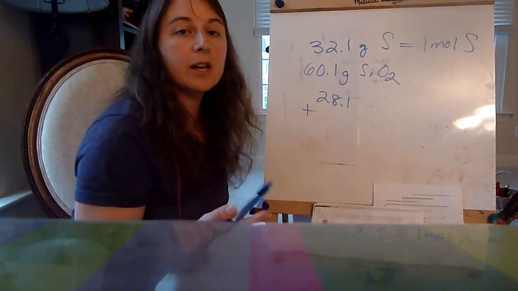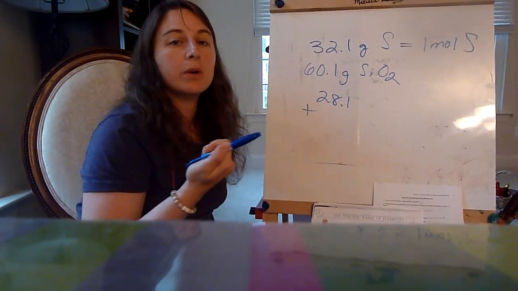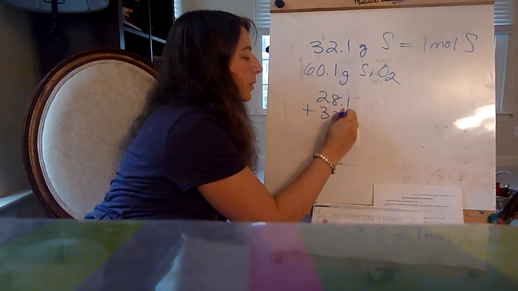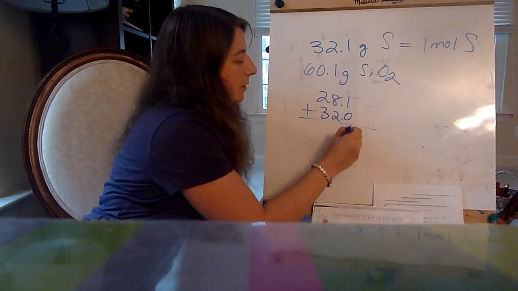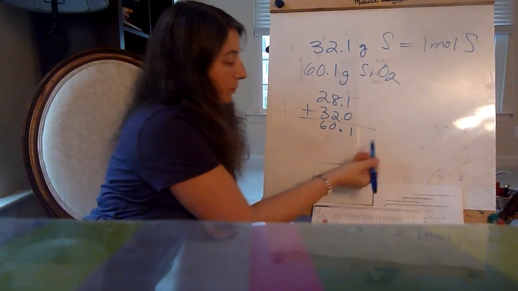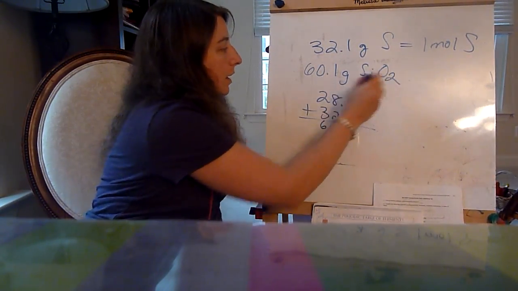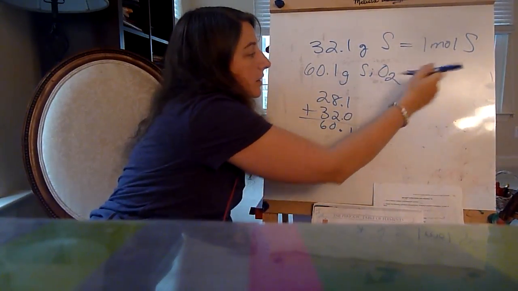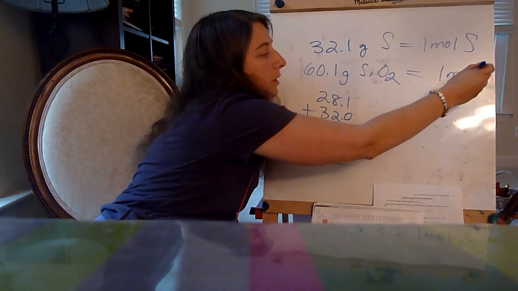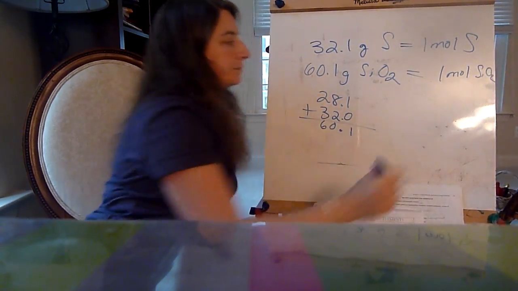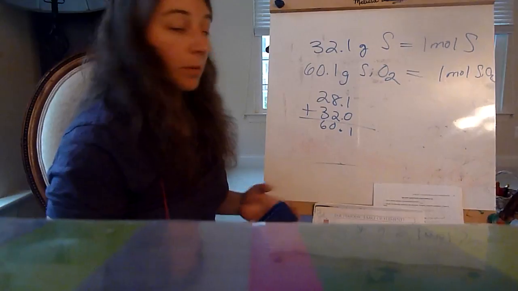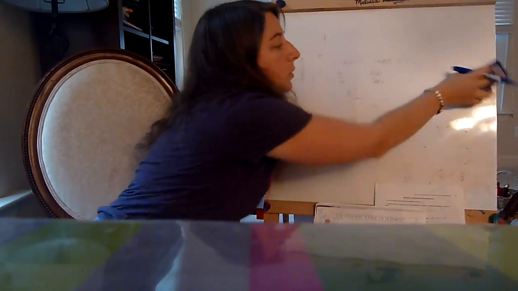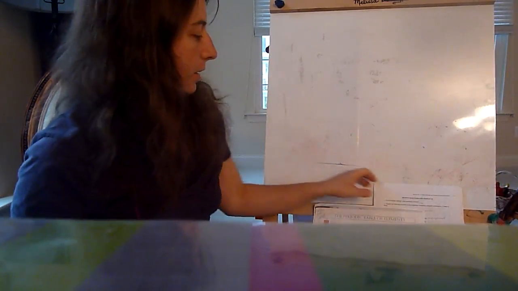Now, one oxygen atom has an atomic mass of 16.0 AMU. So 2 of those, of course, will be 32.0 AMU. We add up, we get 60.1. So that means that 60.1 grams of silicon dioxide is 1 mole of silicon dioxide. So in this problem, the answer would be that all 3 of these represent a mole of that particular substance.